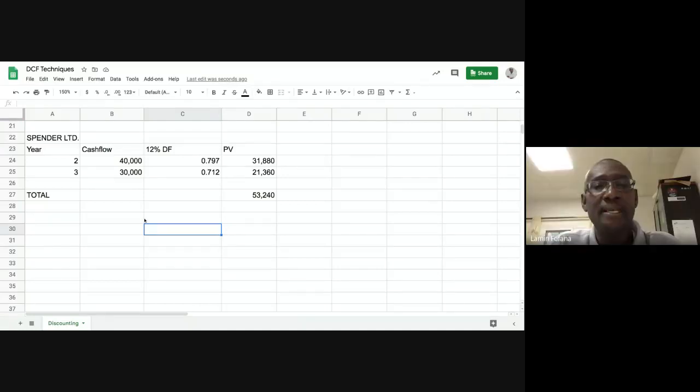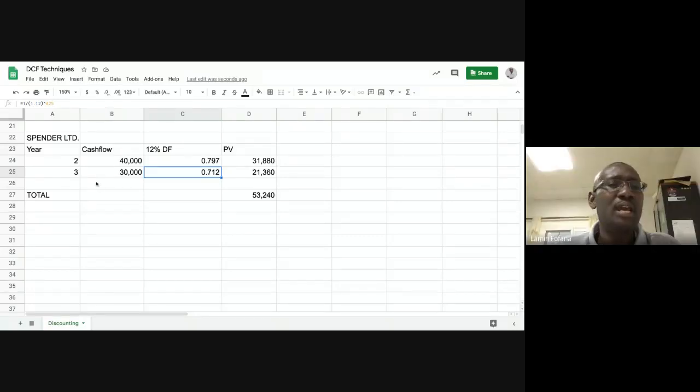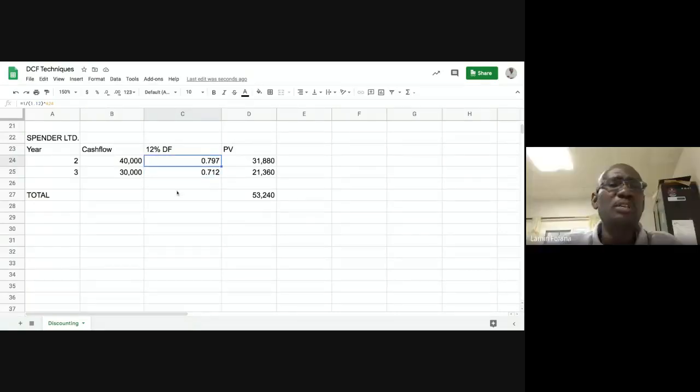Mr. Fofana, I just entered this thing, but it does not change. 1 divided into bracket 1.12 raised to the power 2. I hit the enter key, but nothing changed. It remained the same on my computer. Okay, you are on which year? Year 3. Year 2, I did year 2 first, but then nothing changed. It just remained as I typed it. I don't understand.